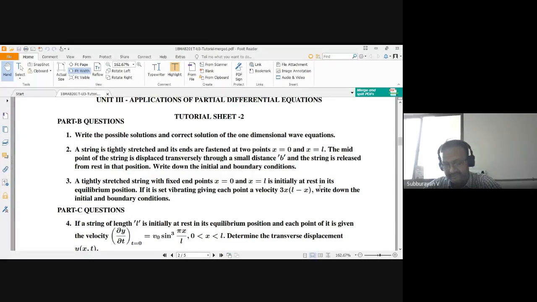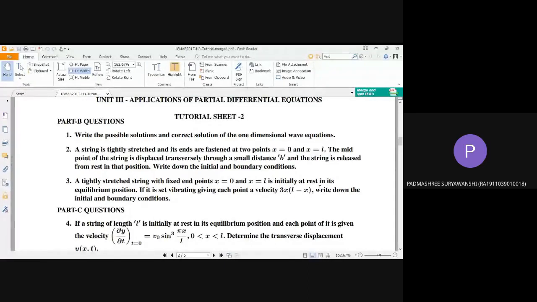Second solution, we derived three solutions. You forgot it, right?